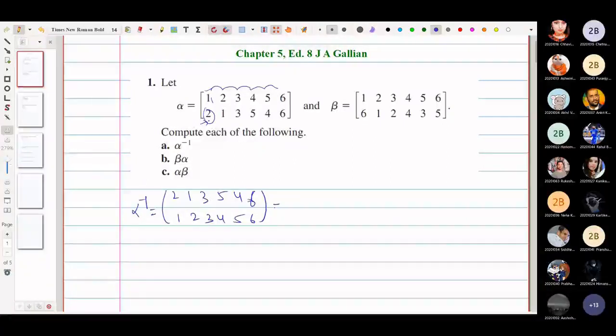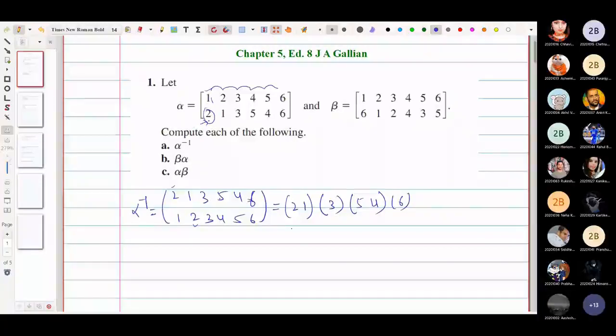Of course, you can write them as a product of cycles. Starting from 2: 2 goes to 1 and 1 goes to 2. This is one cycle, and then you can write 3. Of course, a single cycle can be skipped, but let us write them. Then 5 goes to 4, and 4 goes to 5, and then we have 6 also.